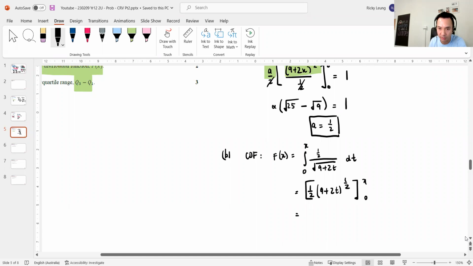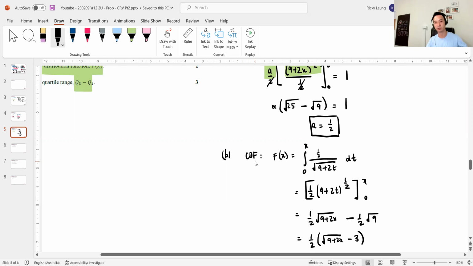So when I sub in x, that's going to be a half, square root 9 plus 2x, then minus a half, sub 0 in, root 9, 3. Therefore, I'll factorize a half out, and it'll be root 9 plus 2x minus 3. Quick check, perfect.